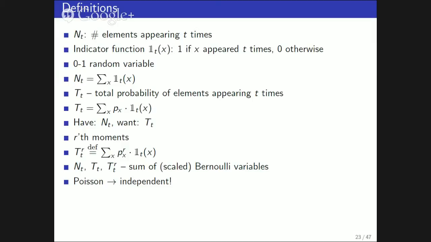Those are the probabilities. Now we took a sample, and I'm looking at t equals 3, all the words that appeared 3 times. There may be like 100 words that appeared 3 times, so N_3 in that case is going to be 100. It's a summation of indicator functions.